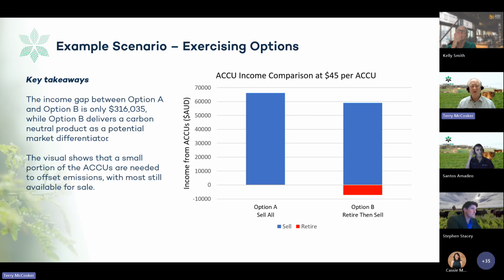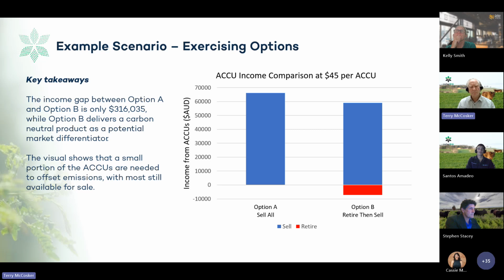So in that case, it's an economic decision and a moral decision. If you wanted to be carbon neutral and that was something you really wanted to do, then by all means do it. And that will have cost you $316,000 in opportunity cost. It's more than opportunity cost, it's real cash. So that's actually what it comes down to in the real world.